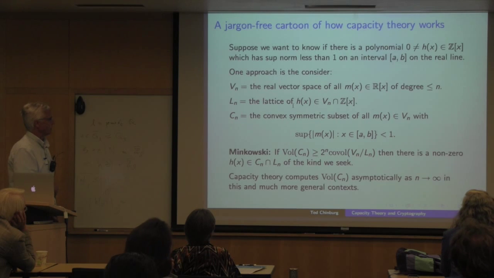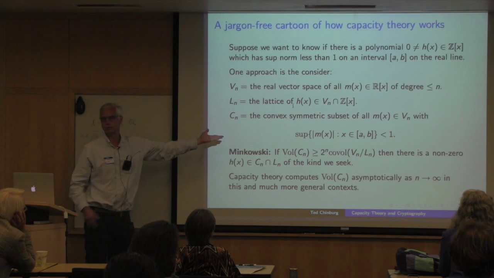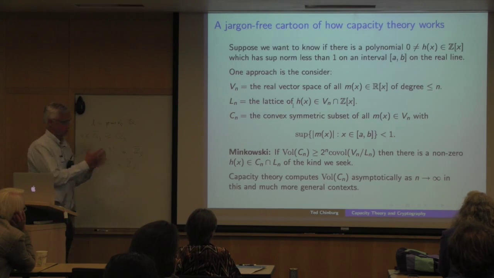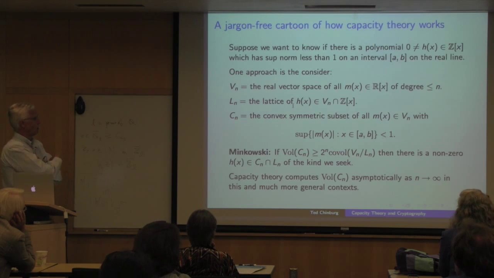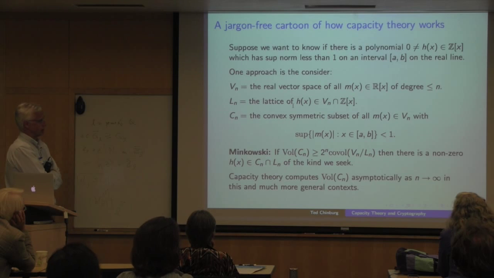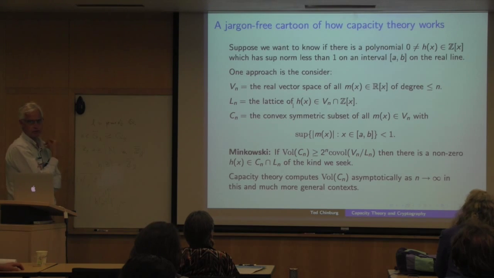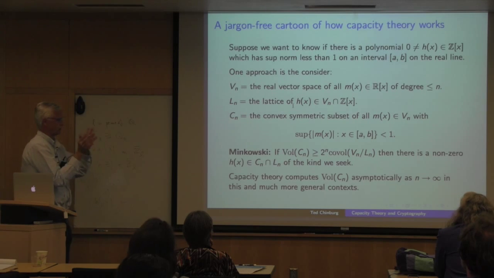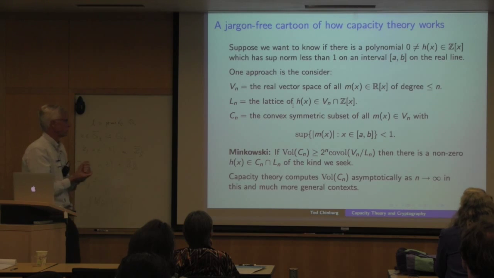And now I can look at the set of polynomials with real coefficients that satisfy the sup norm condition, so their sup values of x in the interval is less than 1. Now that is a convex symmetric set. Take a linear combination of two of these things with coefficients of x. So you have a nice convex symmetric set.